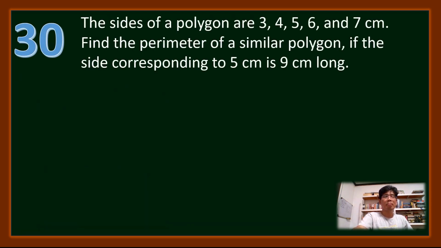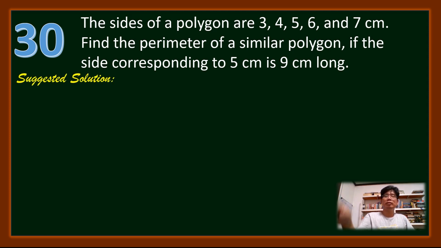Number 30. The sides of a polygon are 3, 4, 5, 6, and 7 centimeters. Find the perimeter of a similar polygon if the side corresponding to 5 centimeters is 9 centimeters long.